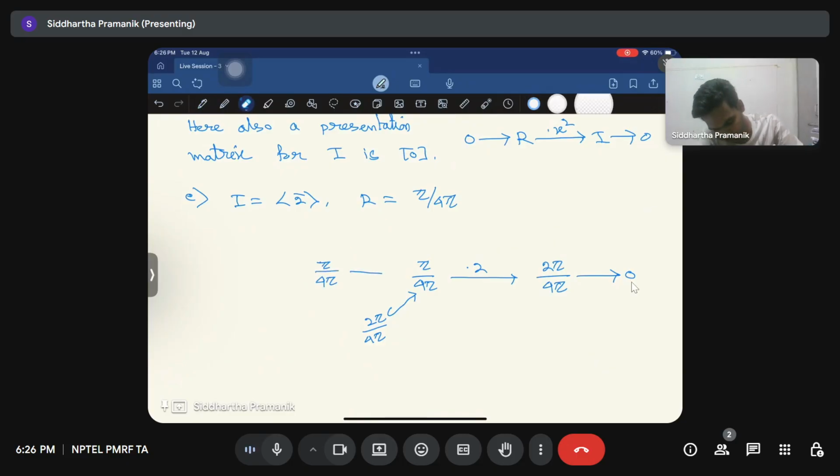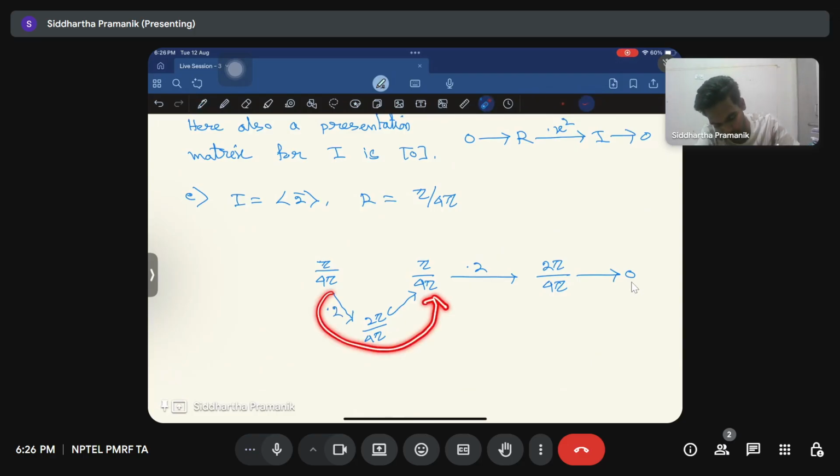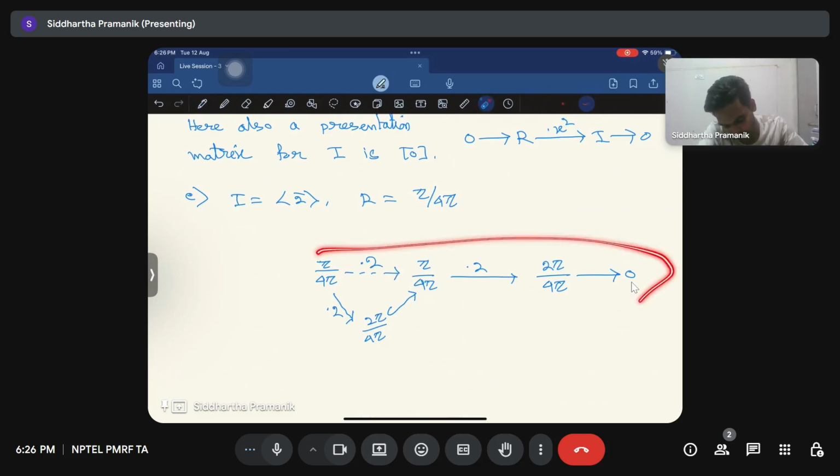We get a map here which is multiplication by 2, and we just use this composition to get a map here. So this is also multiplication by 2. Then you can see that this sequence is exact.